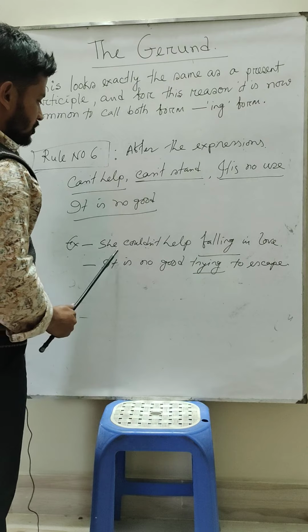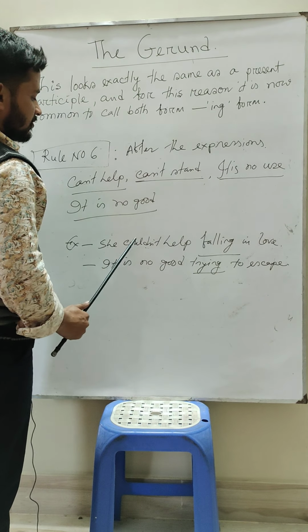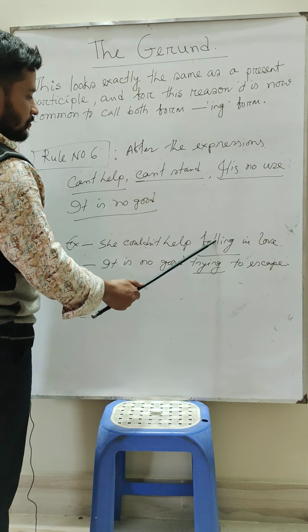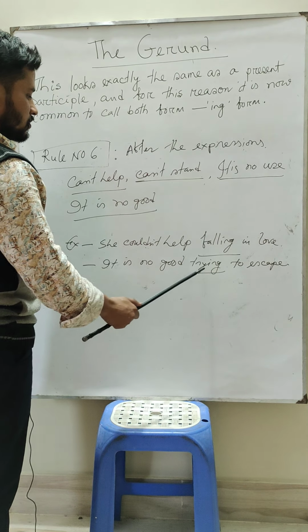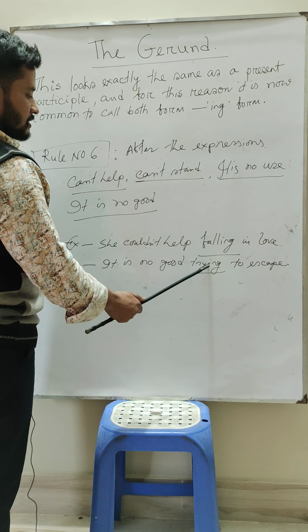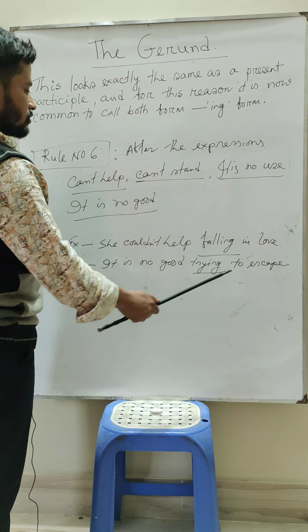See the example: she could not help falling. After could not help, we use the gerund, fall plus ing. It is no good trying to escape; trying is the gerund.